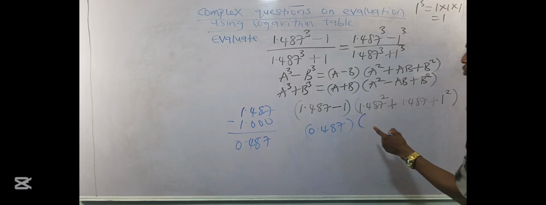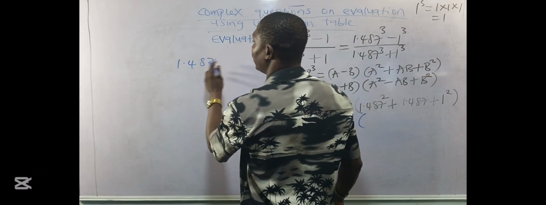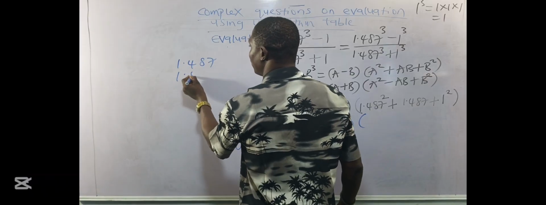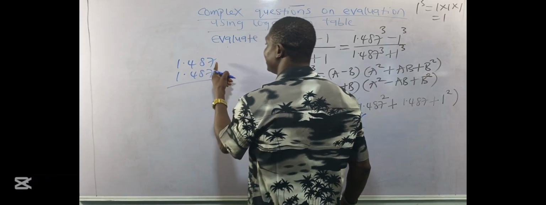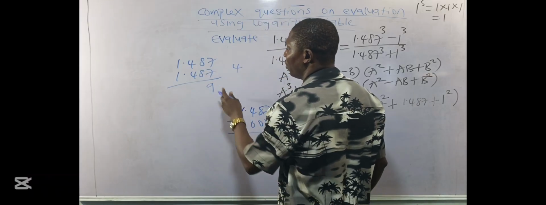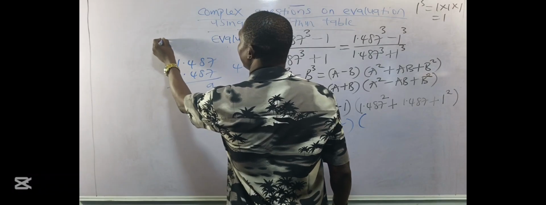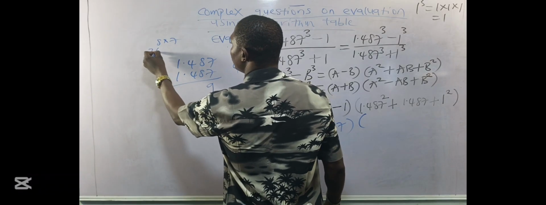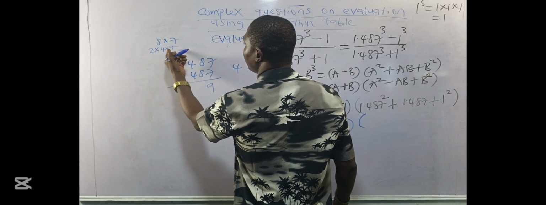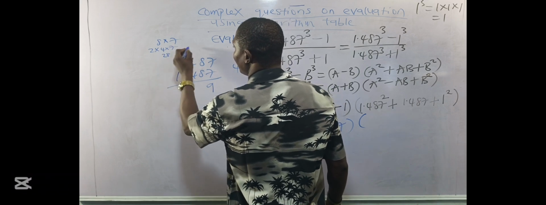Now this square, I have to square it. This square is going to be 1.487 square. 1.487 square is 1.487 times 1.487. 7 times 7 is 49. I'll have 9, carry 4. 7 times 8 is 8 times 7, which is what? 2 times 4 times 7. 4 times 7 is 14, 14, 28. And 28 times 2 will give me 56.